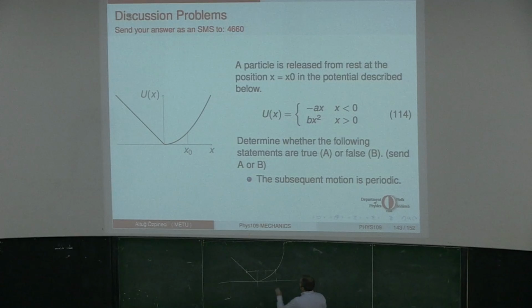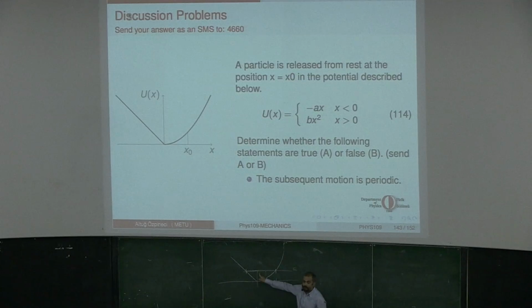Since I'm releasing it at this point, let's say at rest, its total energy is at this level, which is conserved, since we are talking about the potential energy. So it reached here. It is at rest. It doesn't have any speed, but there is a force acting on it in the positive x direction, so it will start accelerating until it reaches this point.